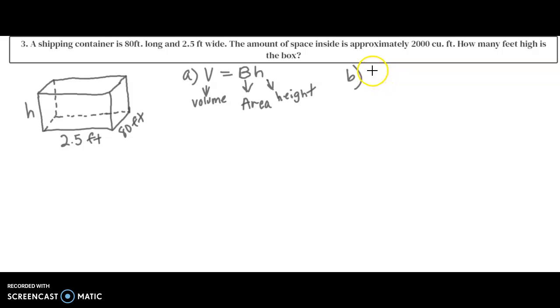Step B, we have to solve for the area of a rectangle, which is length times width. According to the word problem, the length is 80 feet. The width is 2.5 feet.